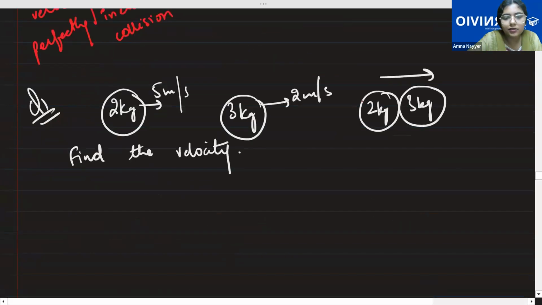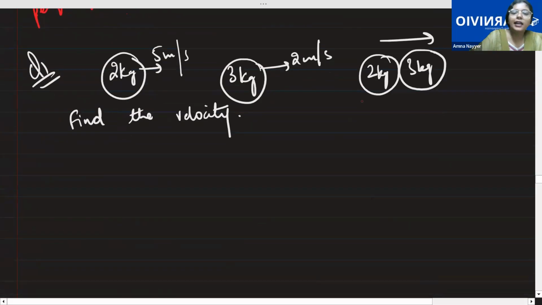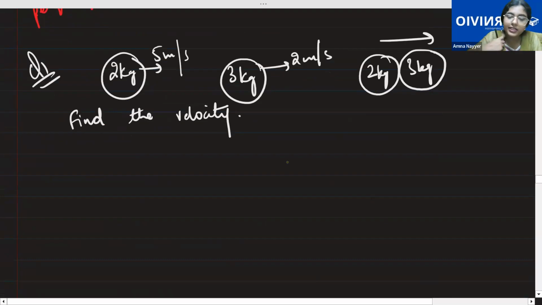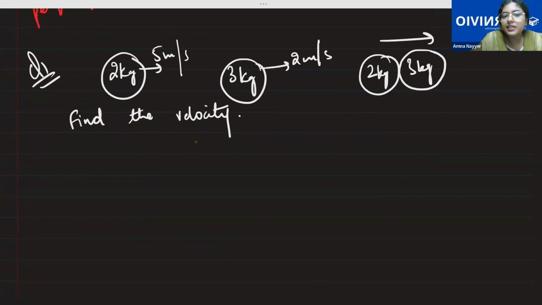If we have to calculate the final common velocity, and it's not given whether it's elastic or inelastic, what we see is whether the bodies are stuck together or not. They are moving with the same velocity, which shows this is perfectly inelastic.